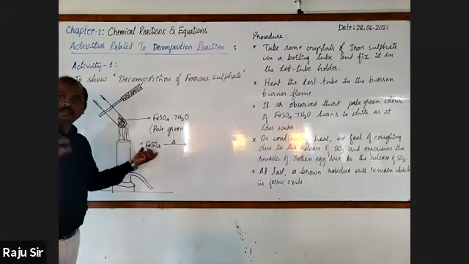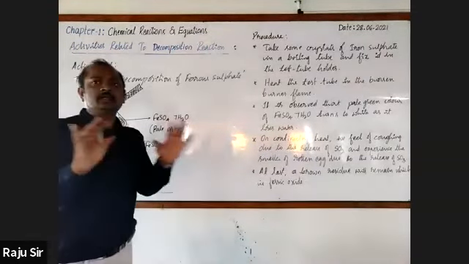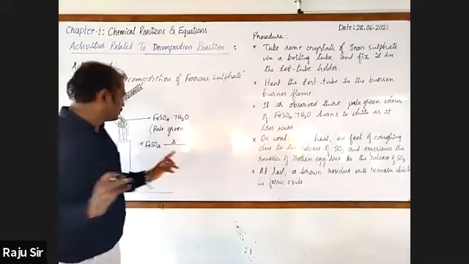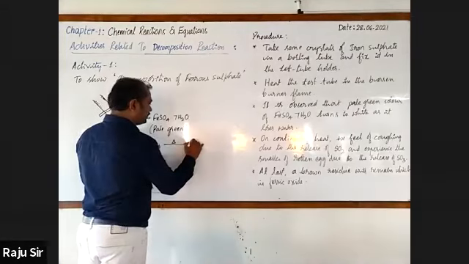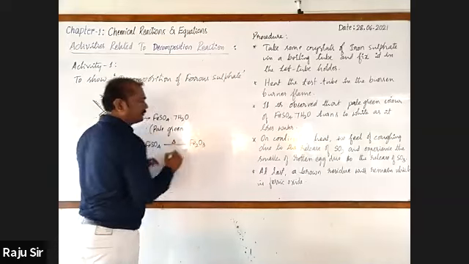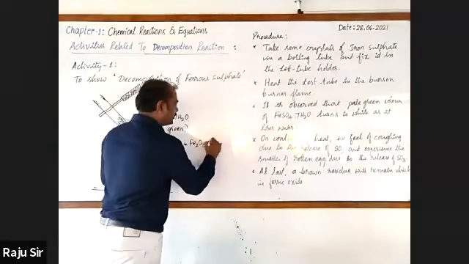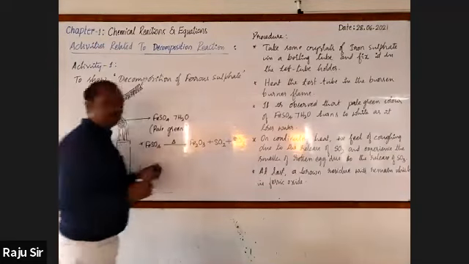Iron sulfate undergoes decomposition reaction on heating only. If it is not heated, it does not get decomposed. So it should be heated. On heating, it produces a brown residue called Fe2O3, nothing but ferric oxide. Then sulfur dioxide gas is released, SO2, and also sulfur trioxide.